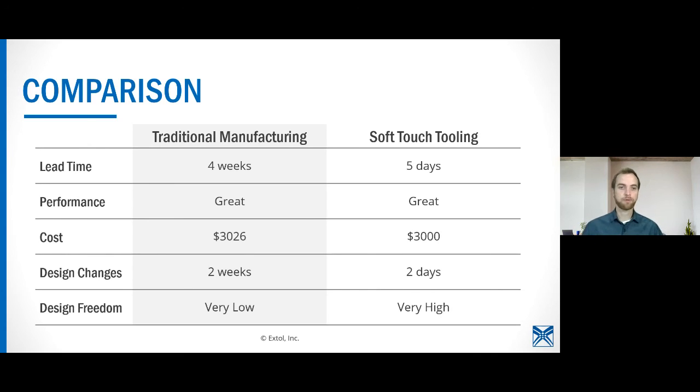So when Jesse was comparing traditional manufacturing and soft touch tooling, this is what he was able to find. As far as lead time, we were able to blow traditional manufacturing out of the water and take it from weeks to days. For performance, both of them had consistent performance. They performed well. In this specific example, it was a comparable cost.